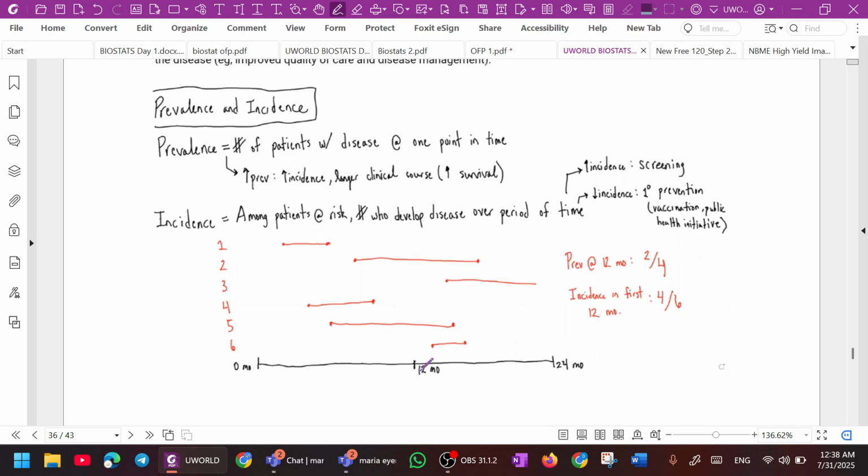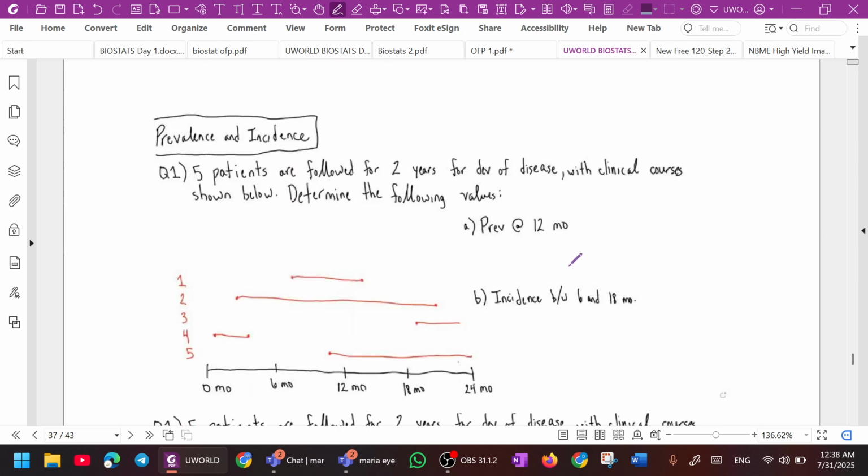Cases. Okay, I got different than you. I got 3/4 for prevalence and 2/3 for incidence. Let's check. Okay, so no, you did not get it. Yes, I did not get it. Okay, explain.